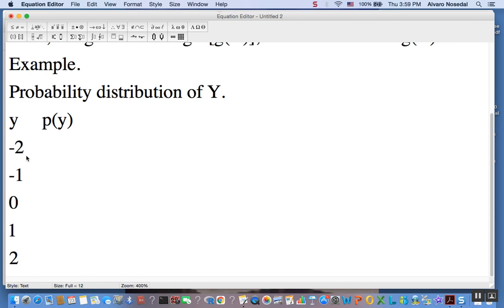Those are the possible values for this random variable y, and the probability of -2 is going to be 1/5.